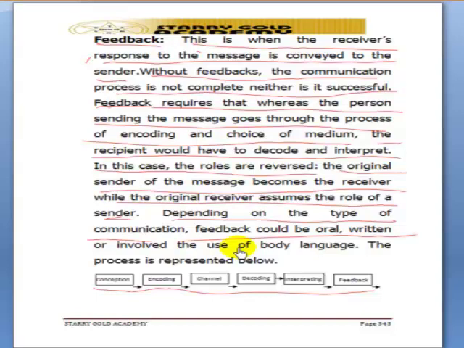So we have the 6 processes here identified: conception, encoding, channel, decoding, interpreting, feedback. Of course, this can happen either in formal systems or informal systems.